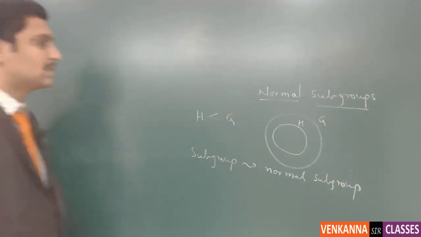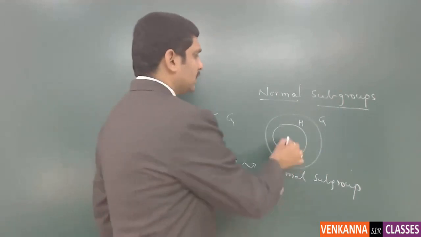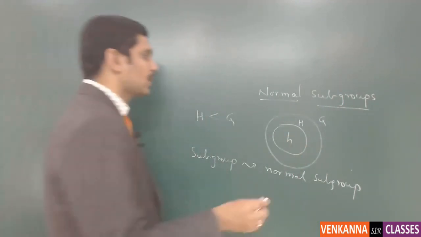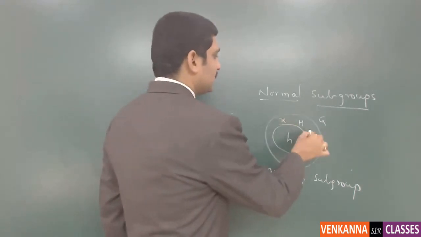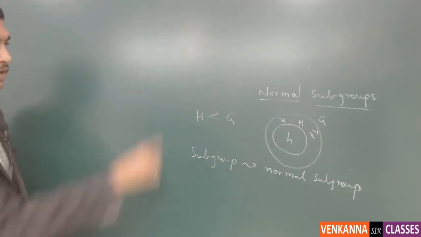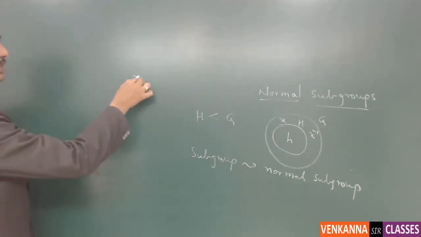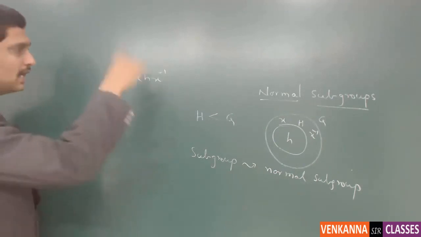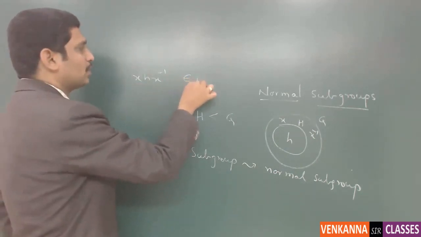The property is you take any element in the subgroup H and you take the elements X and its inverse in the group. So if you multiply the product X, H, X inverse, the result must belong to H.